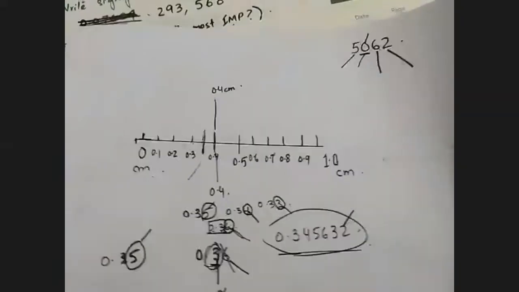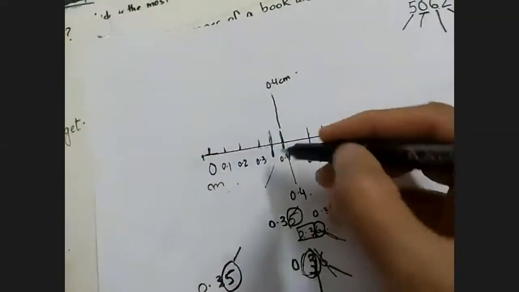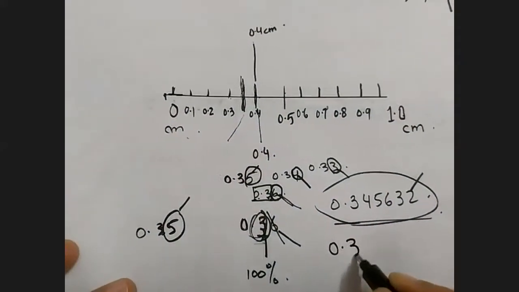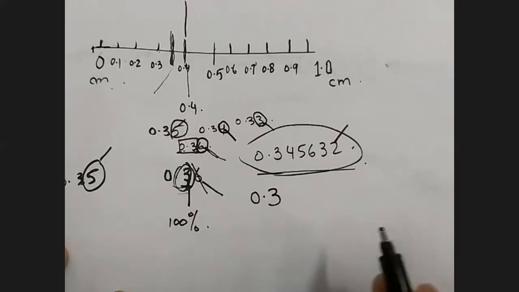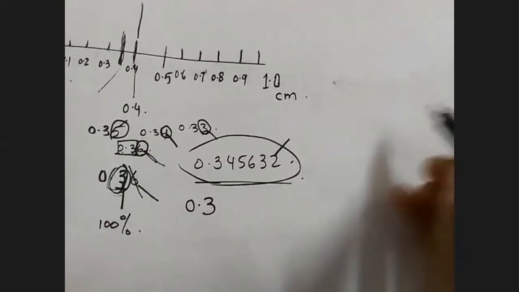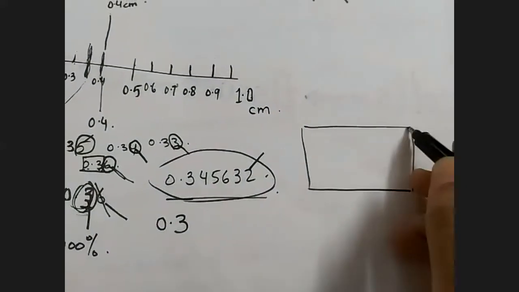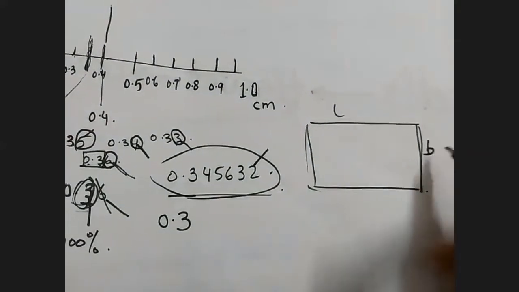Remember, we can only have 0.3, right? We can have only 1 digit precision with this meter rule. Now, if, for example, we have a paper, and we have to calculate its area. Area is length multiplied by breadth, right?